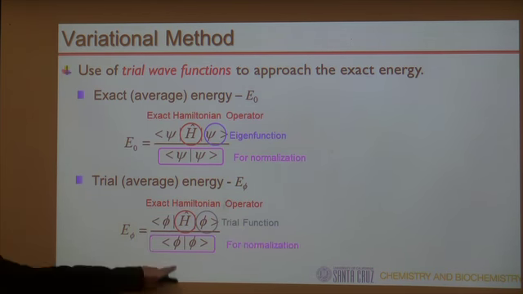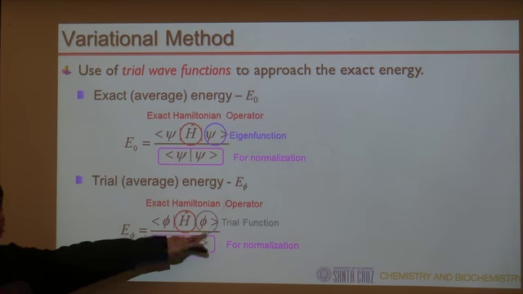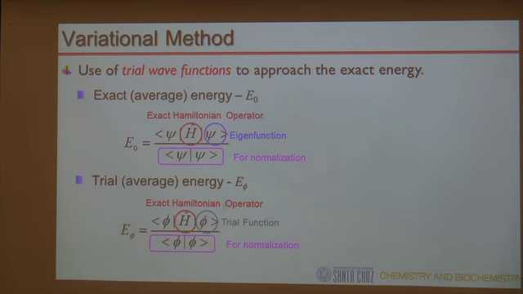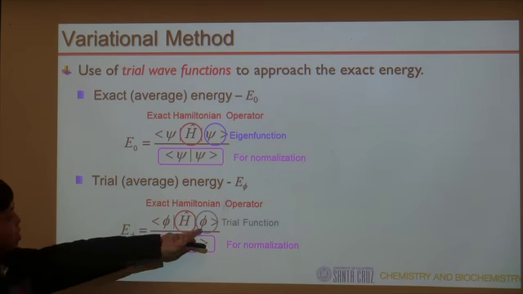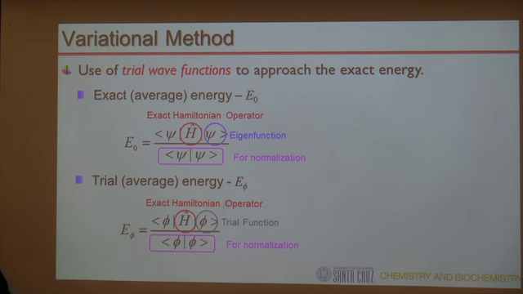Again, this is for normalization purposes. A trial function is some function you can try to plug in. In theory, any arbitrary function can be plugged into the Schrodinger equation. But the trick is that how well you guess the trial function will give you different qualities of approximation. We'll talk about it.